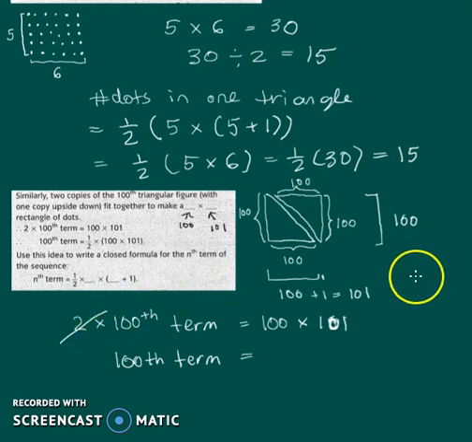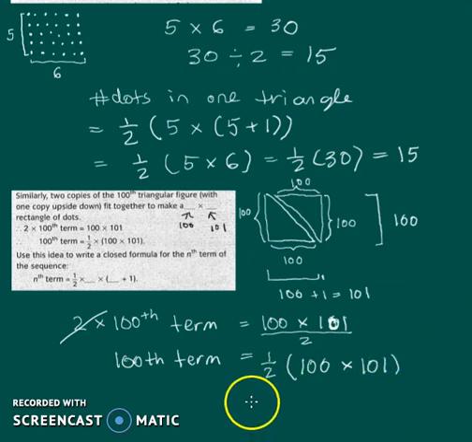We divided this side by 2, so that means we also have to divide this side by 2. So now we know that the 100th term will contain half of 100 by 101 dots. So that's half of 10,100 dots, which comes to 5,050 dots.